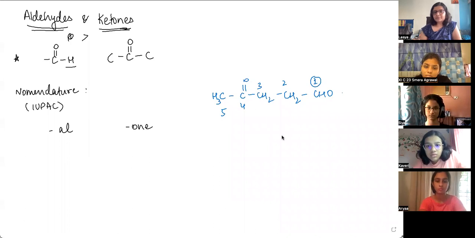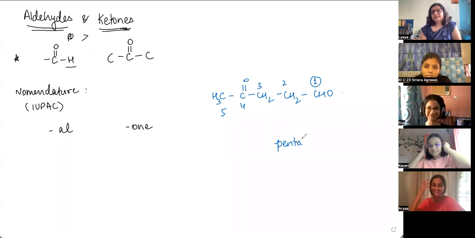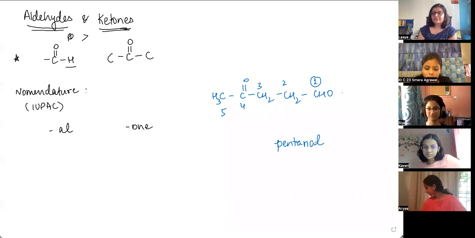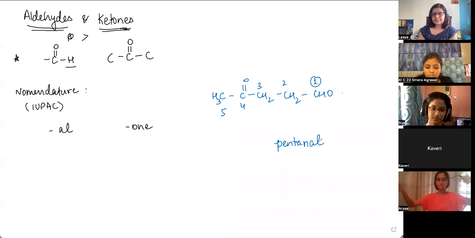So 5 carbons means pentane. 4-oxopentane. Yes. Pentane, what is the ending? Pentanal. Or 1-al. Yeah, pentane 1-al. Aldehydes always get AL. So if something is ending in AL, that means the position number is always 1.